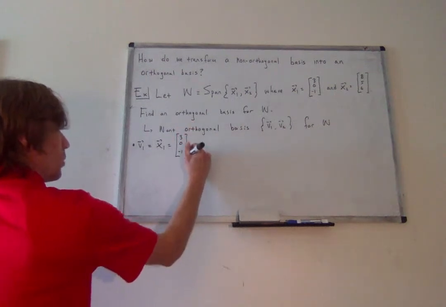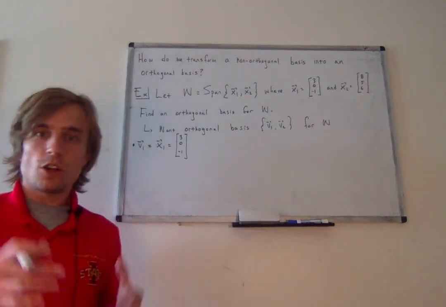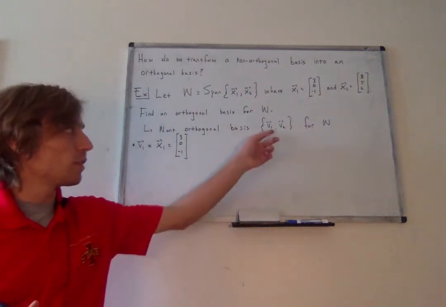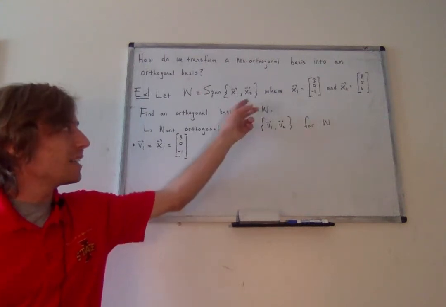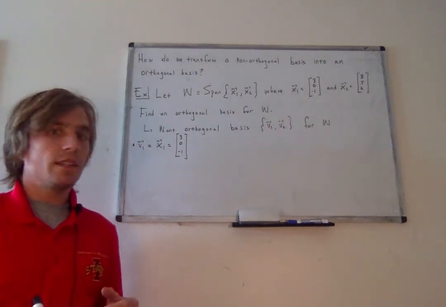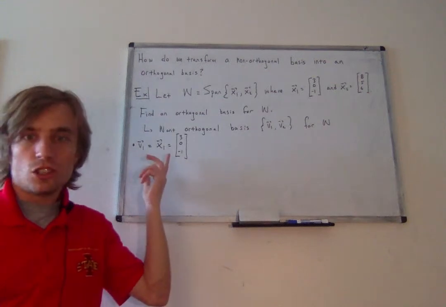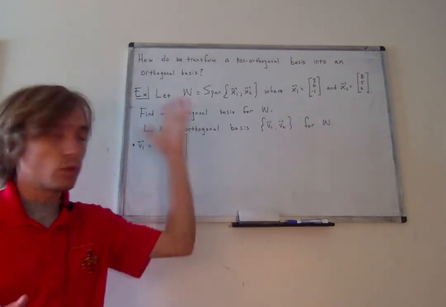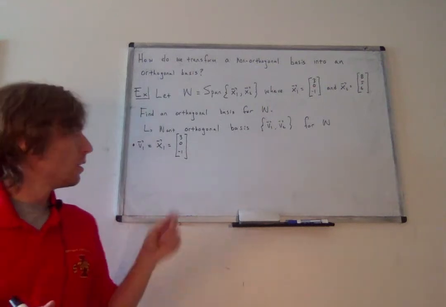Remember, all we're trying to do is find a set of vectors such that the dot product of all of these vectors is 0. So I want to find 2 vectors, v1 and v2, whose dot product is 0, that I can guarantee span the same set as x1 and x2. And as long as I haven't added a vector to the set yet, probably makes sense just to start with the first vector. All right, so I found one.